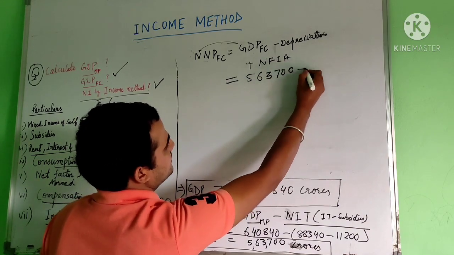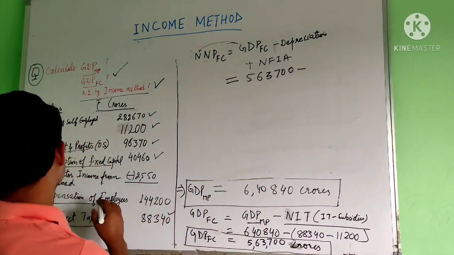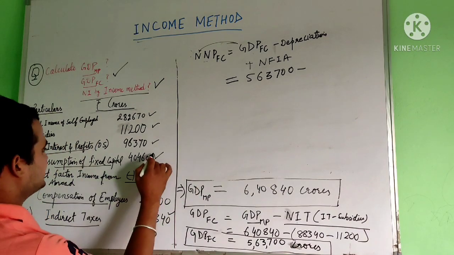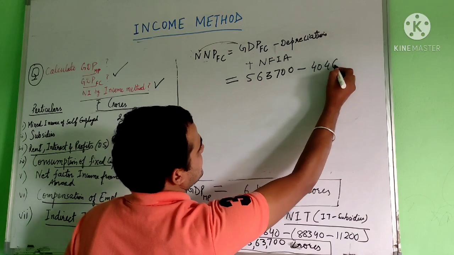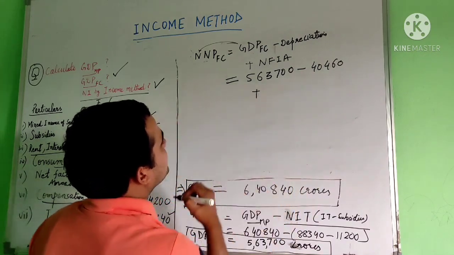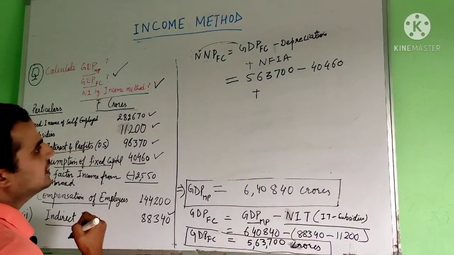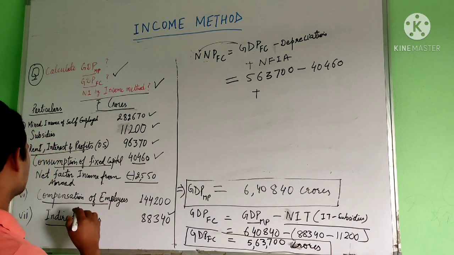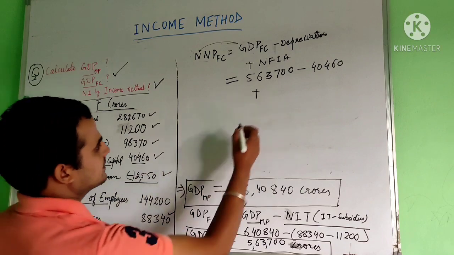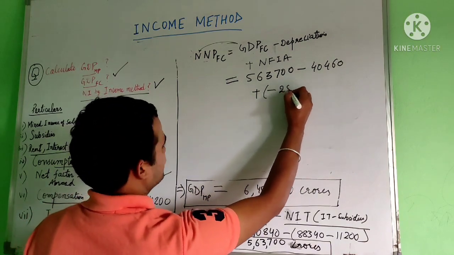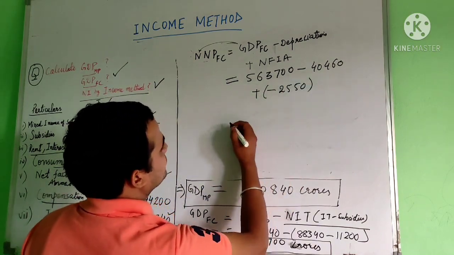GDP at factor cost you have calculated: 5,63,700 minus depreciation. Consumption of fixed capital here is 40,460, plus net factor income from abroad, which is minus 2550.